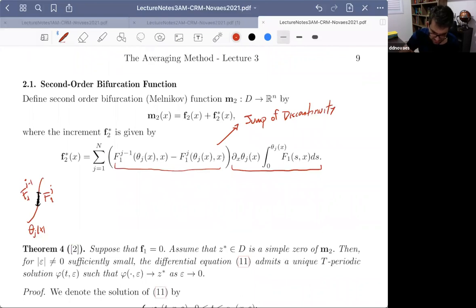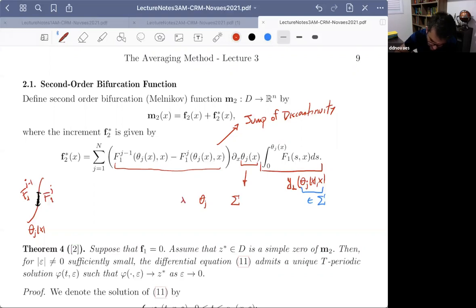Note that this integral is y1 computed at theta j of x, and this point is a point of the discontinuity manifold. Okay, and this theta gives the discontinuity manifold locally at least as an inverse image of 0.